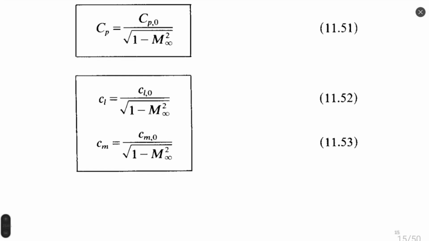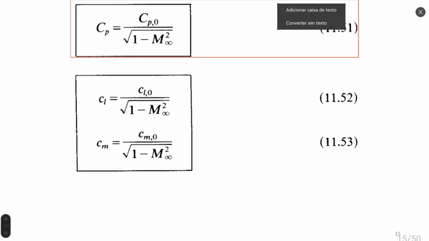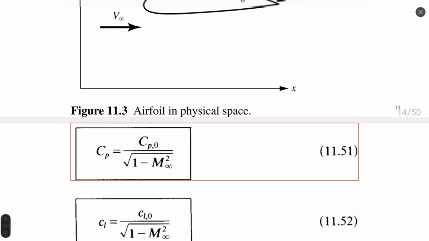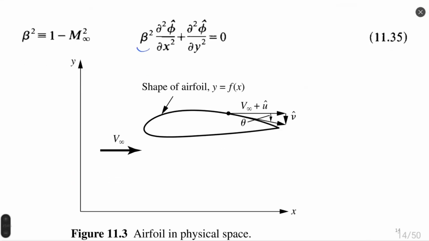And if you follow the book, you will see that Anderson shows that this equation 35 is similar to Laplace's equation, and in many cases could be transformed into a Laplace equation. So we can find correspondence between the potential equation for compressible and for incompressible flow.